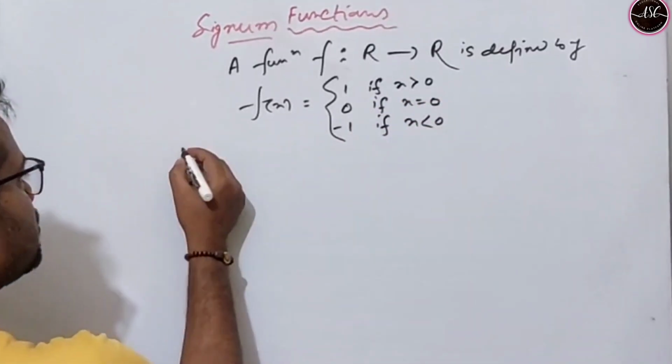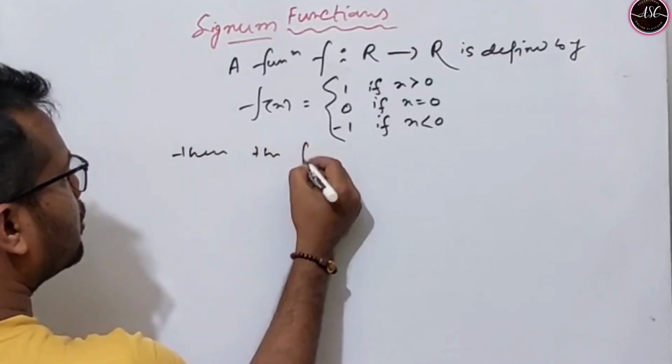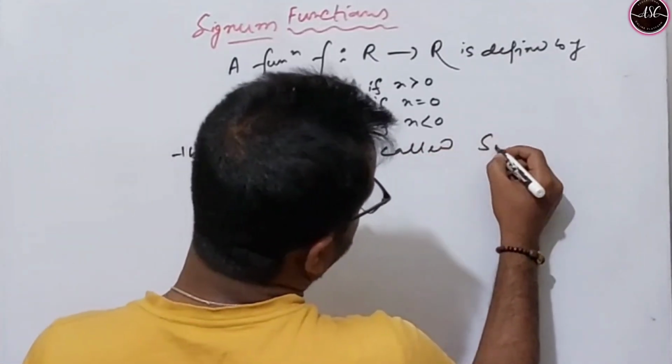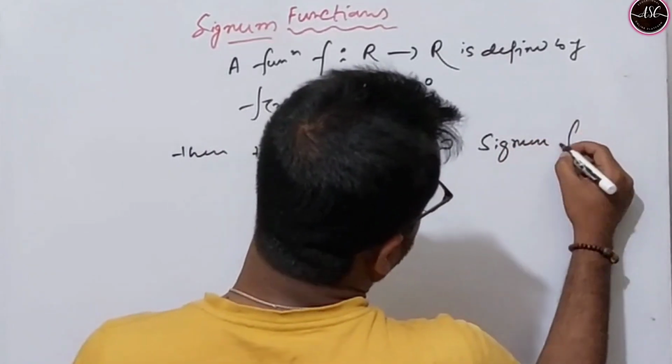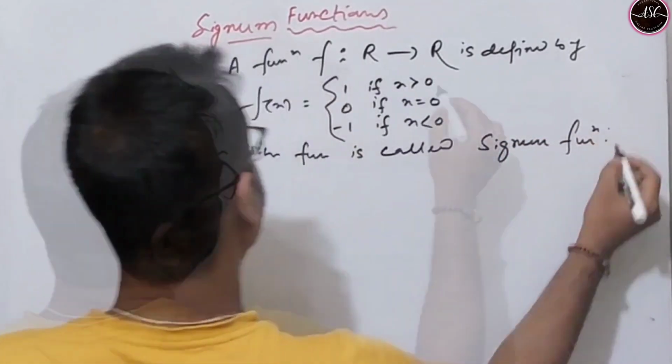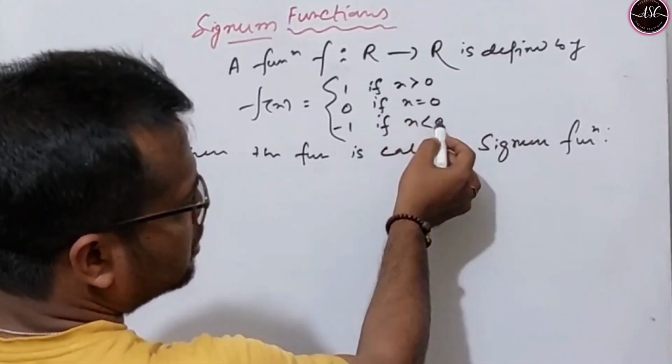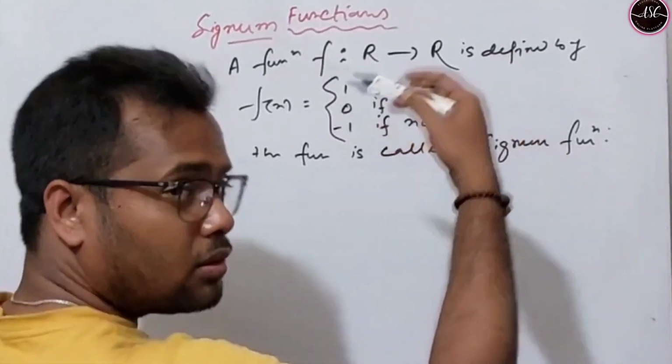Then the function is called the Signum function. That means the value of x is less than 0 and above 0.